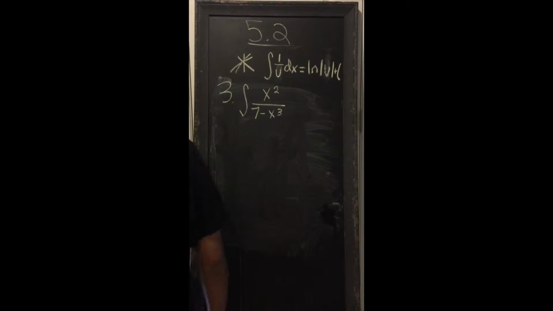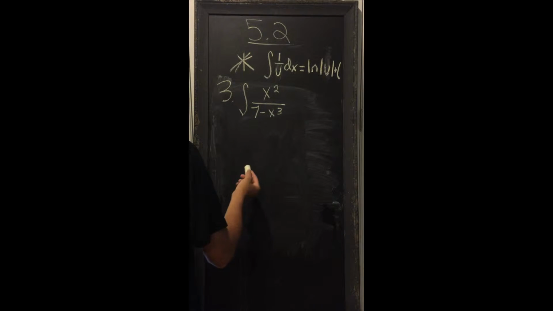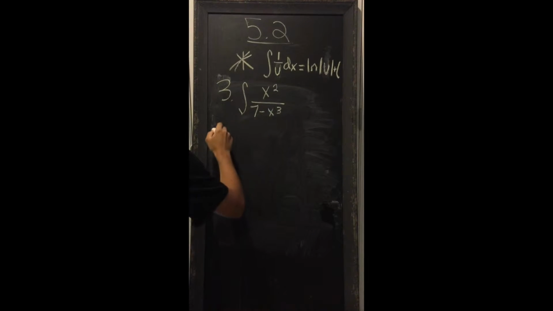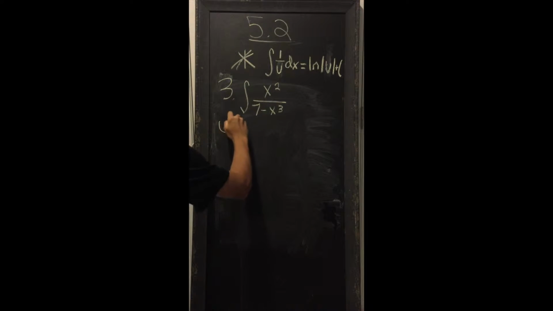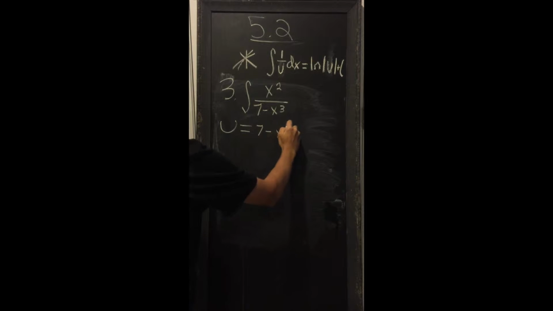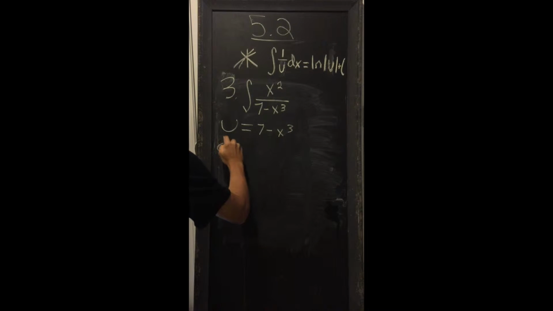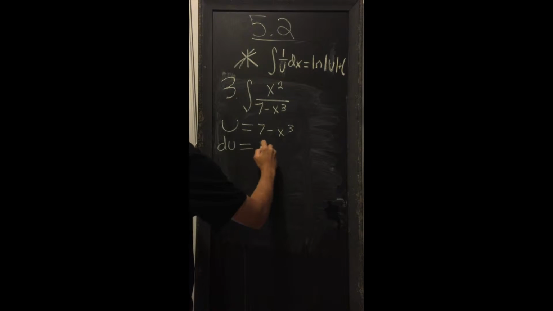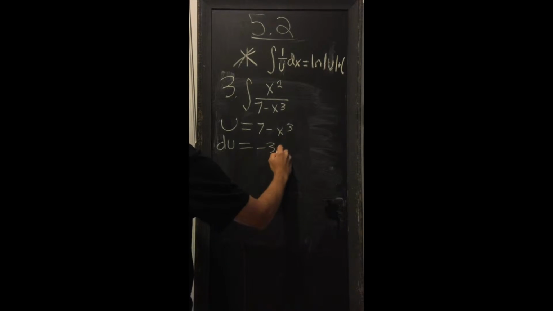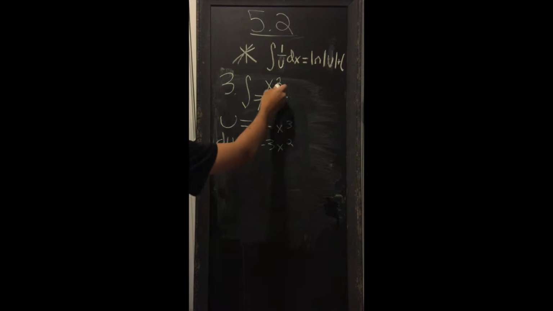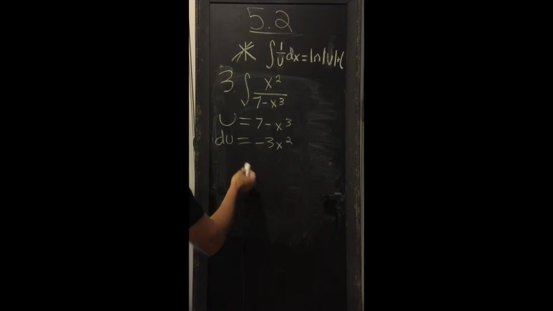Alright, so for example number 3, we're going to introduce u substitution. U substitution works like this. You set the bottom expression equal to u, and then you take the derivative of that expression to make it equal to du, which is negative 3x squared. And then you want to make du equal to your numerator, or whatever you have left.